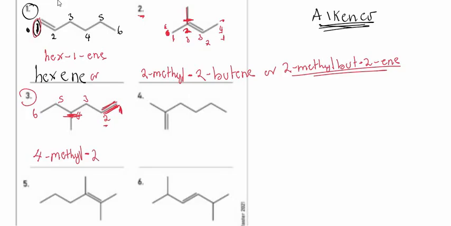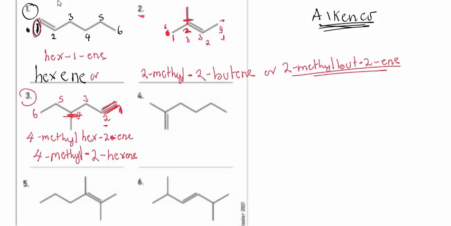So we have to say 2 there, right? Hexene, like that. Or if you want, you can say 4-methyl, then hex, then 2, then in. That's how you name that one.